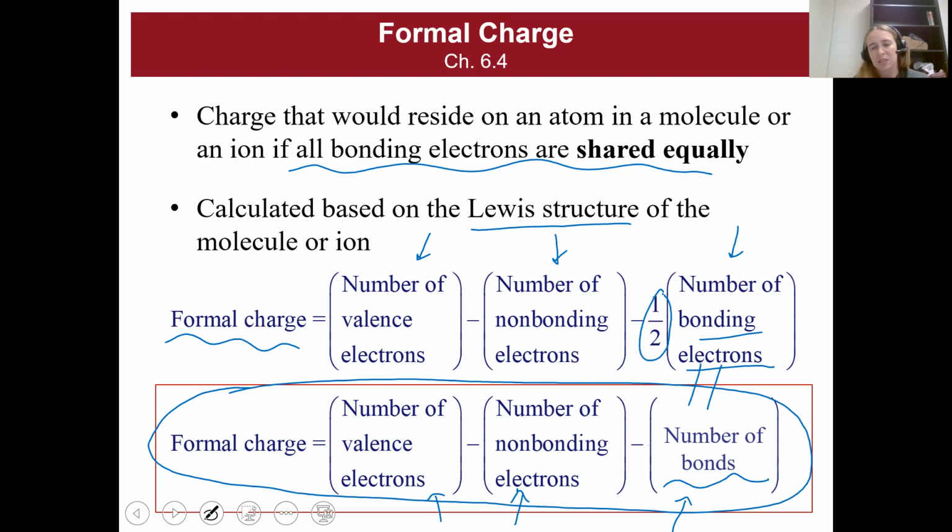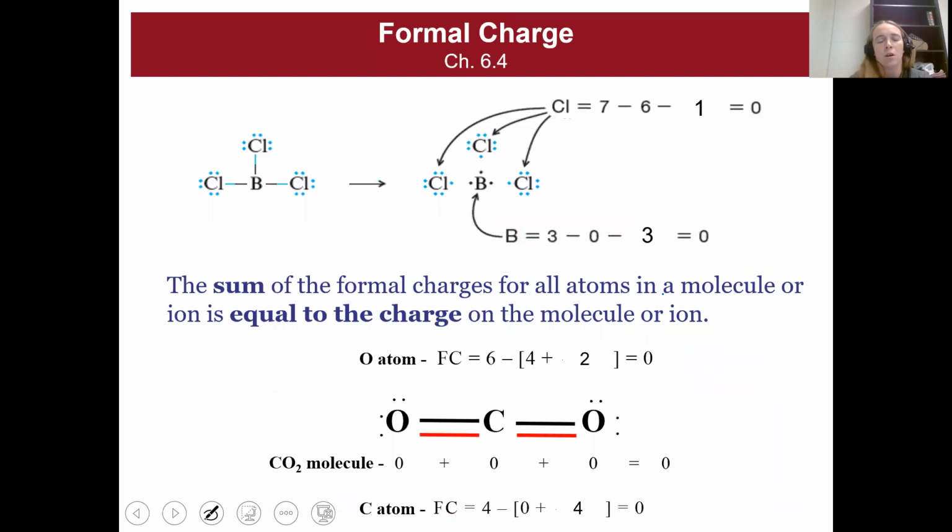So I prefer this second way, but you can do whatever makes the most sense to you. Just make sure that you are being consistent and that you're getting the right answer. Check your answers. So do some problems where you know what the answer is to check and get used to the strategy. All right, so let's look at some molecules.